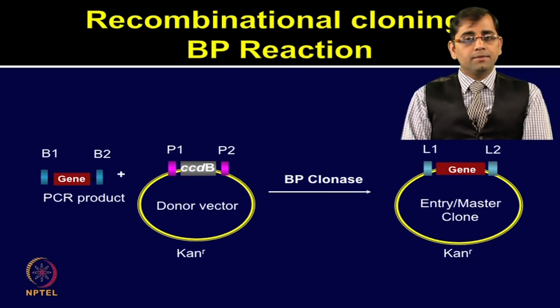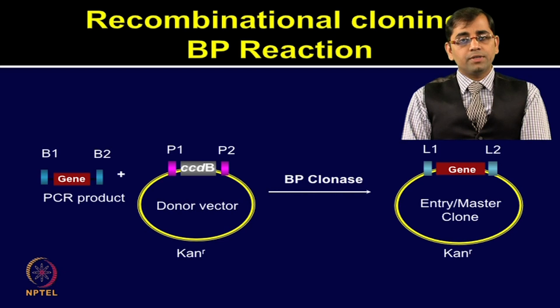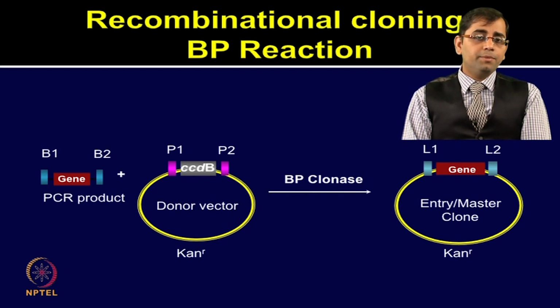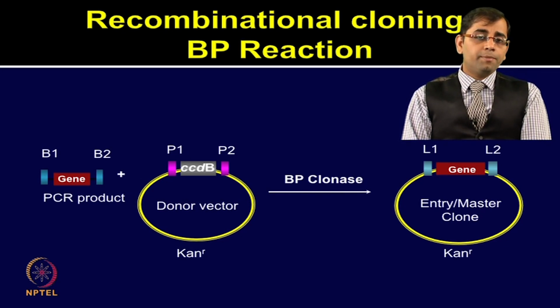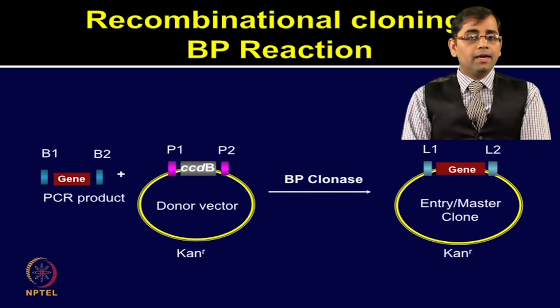As you can see in this slide, there is a donor vector or P donor that contains att P sites flanking a ccdB gene, a counter selectable gene, that recombines with a gene of interest which is flanked by att B sites, which you can see on the left hand side. The gene fragment can be produced from the PCR product and contains att B sites, and you have a donor vector which contains a selectable marker, the kanamycin resistance marker, that contains att P sites.